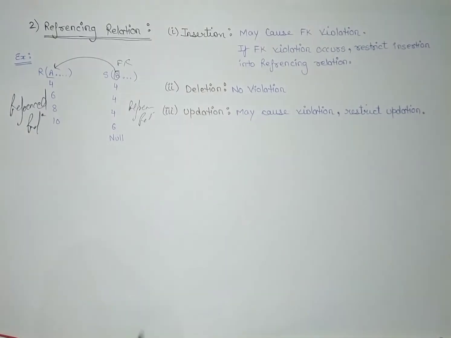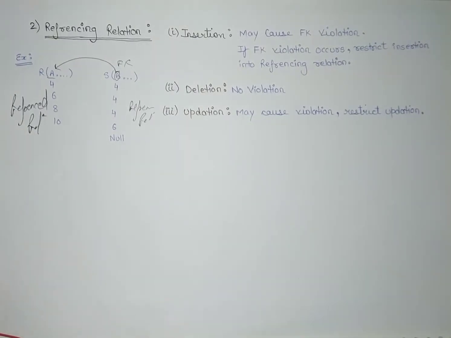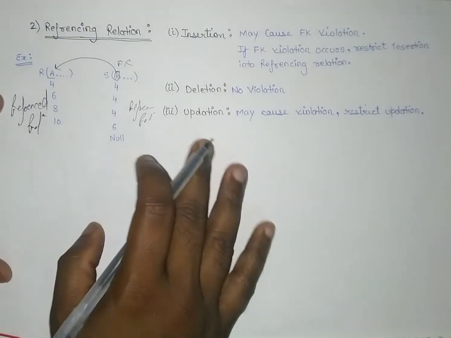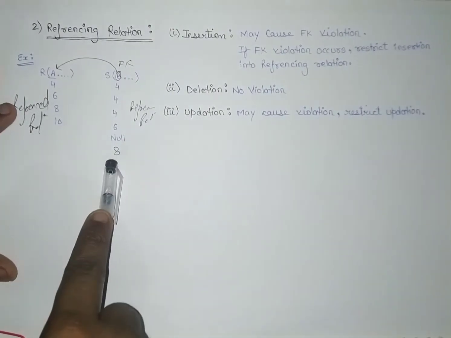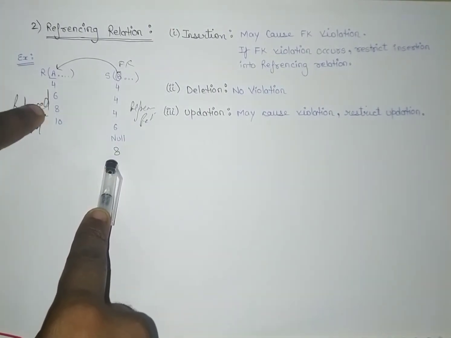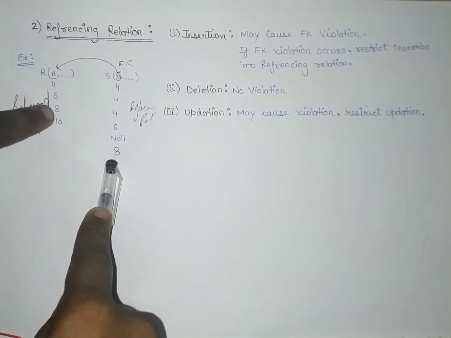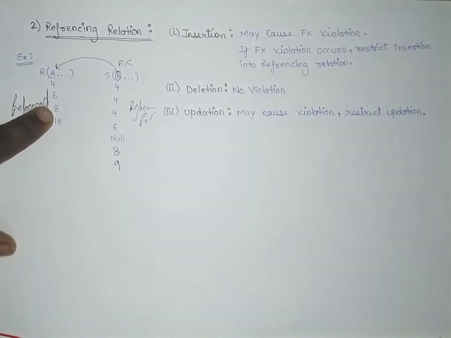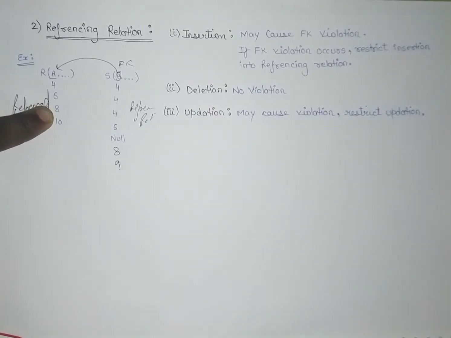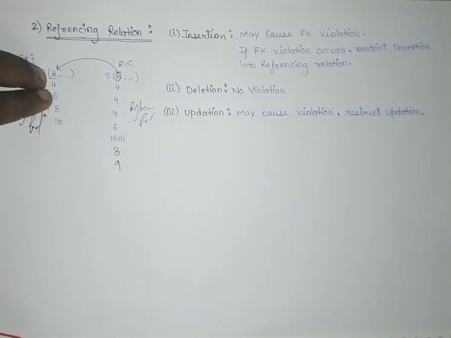In case of insertion, if I want to insert 8 over here, that will not cause any issue because 8 will be referenced from this particular field value 8. But if I want to put any other value, 9, that will cause an issue because it is not available in this particular key of the other table.